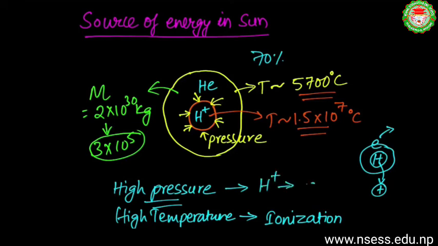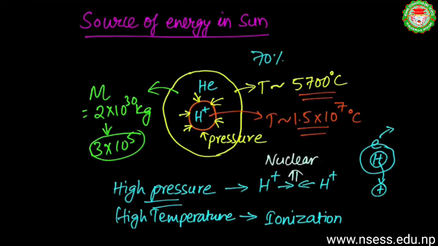So free protons of hydrogen get separated because of high temperature, and again get combined because of high pressure. So this kind of reaction is said to be a nuclear reaction, and as there is combination of free protons of hydrogen, we can call this a fusion reaction, and it uses the heat energy radiated from the sun.